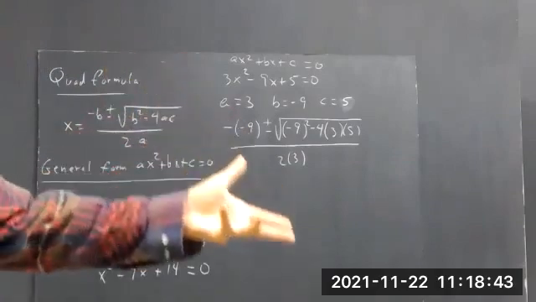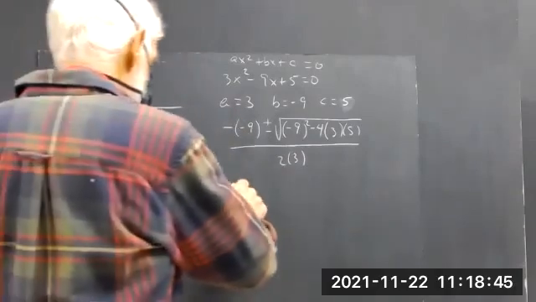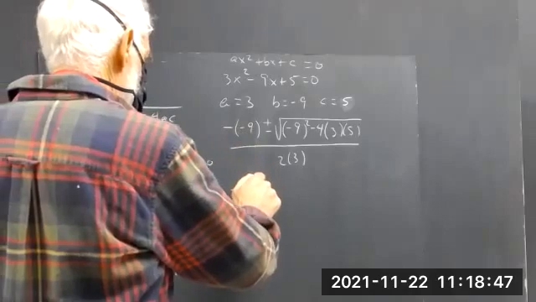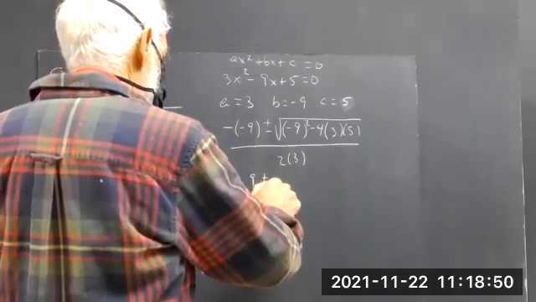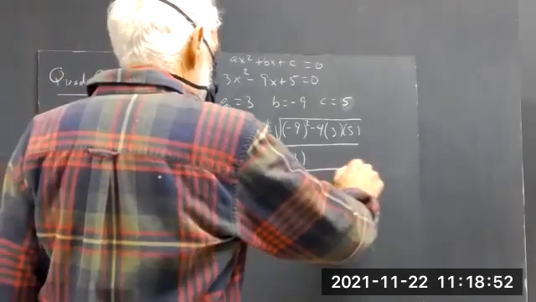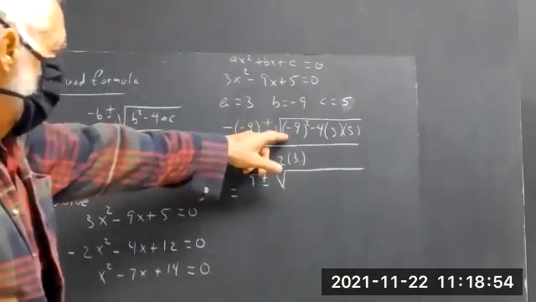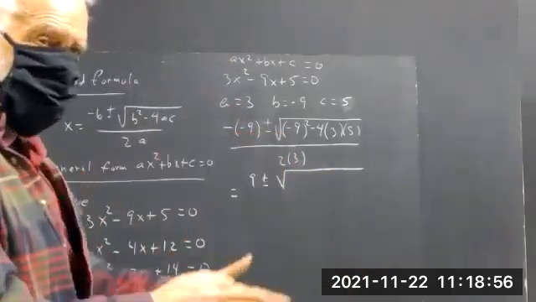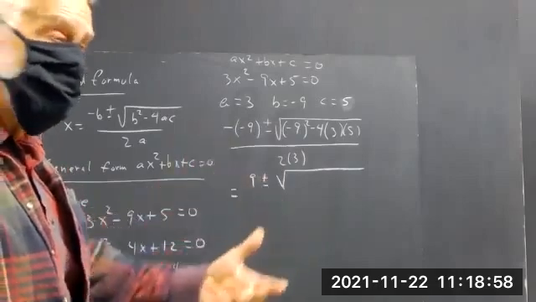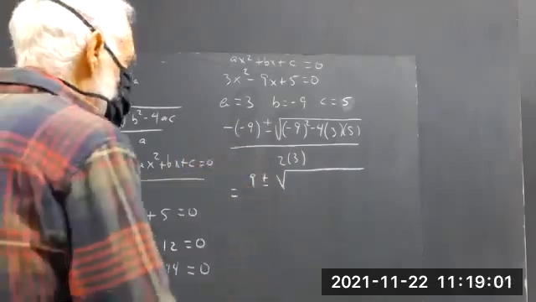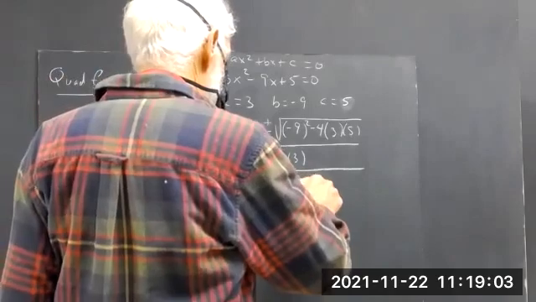Now we just do the numbers. Negative of -9 is 9. The square of -9 is -9 times -9. It's going to be positive because you have 2 negatives. It's going to be 81.